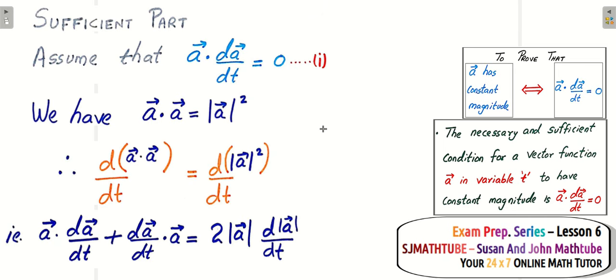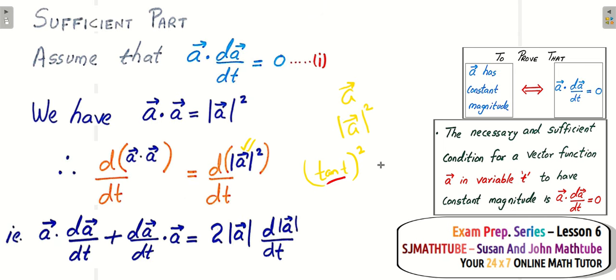And now take a look at the right side. Do you remember the note which we observed in the beginning? If A is a vector function, then modulus of A will be a scalar function. So definitely mod A square is a scalar function. For example, if I have tan t the whole square, how do you differentiate tan t the whole square?